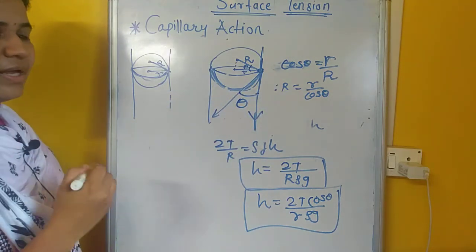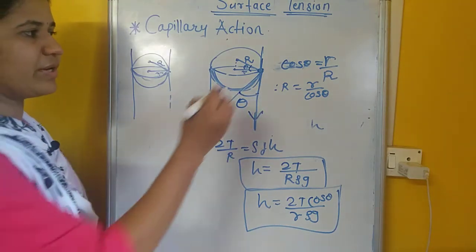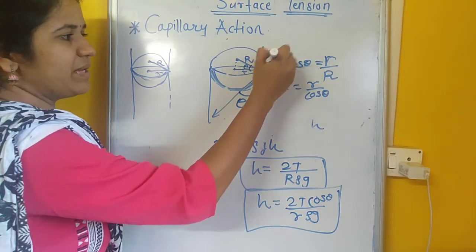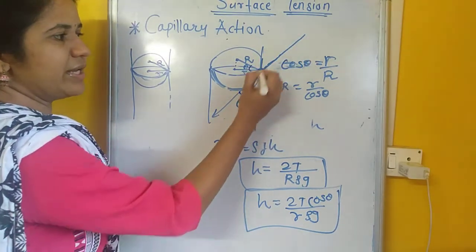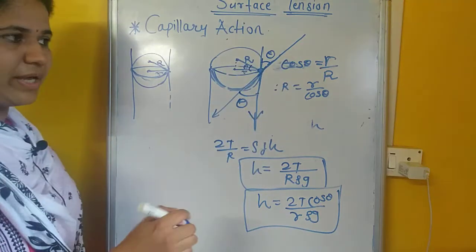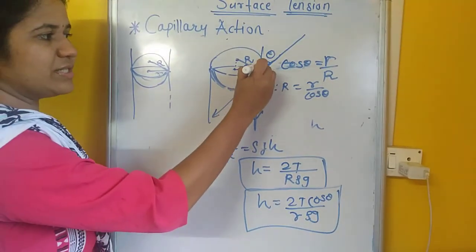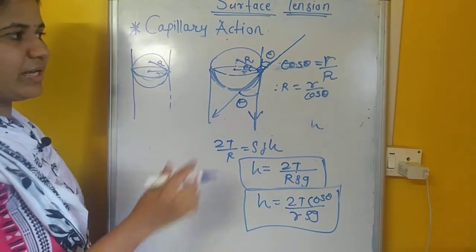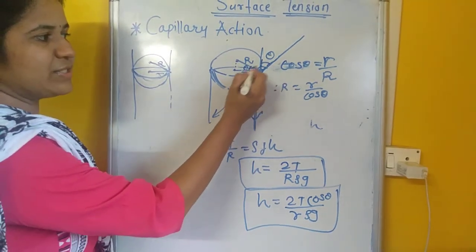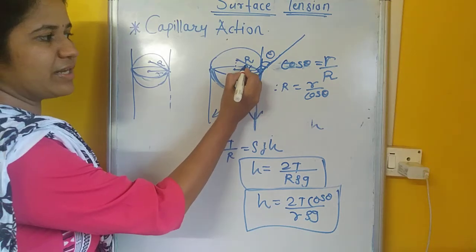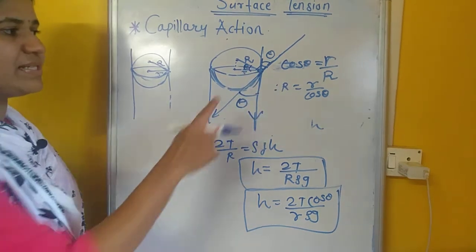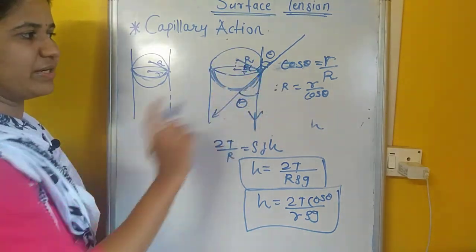and the angle between them is called the angle of contact. Now by using simple geometric properties, I am extending this line, so this is again theta. Okay, and the radius is always perpendicular to the tangent, so this is 90 degrees. So this is 90, this is theta, so 90 minus theta, and again this angle is theta, by simply using geometry.